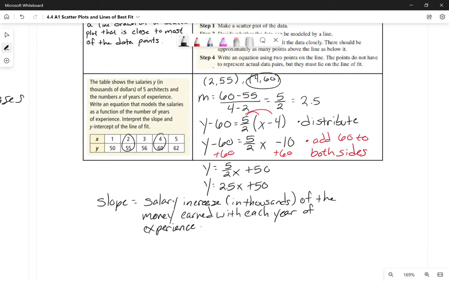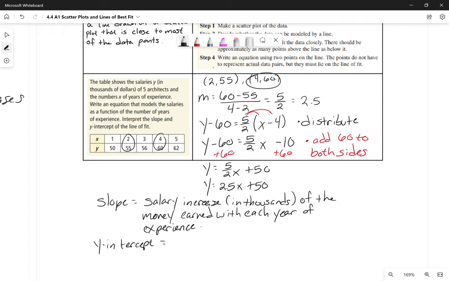And then our y-intercept. Remember when you're interpreting the y-intercept, you want to make x be 0 so you can interpret it. In this case, if we made our x variable be 0, it means with no experience as an architect, you're just starting out, fresh from college.